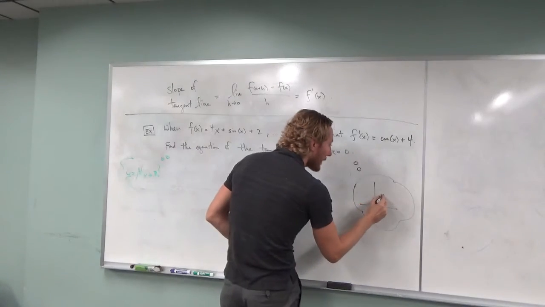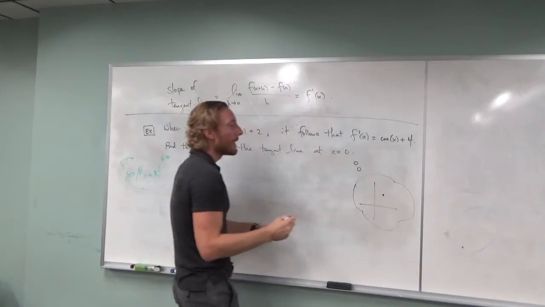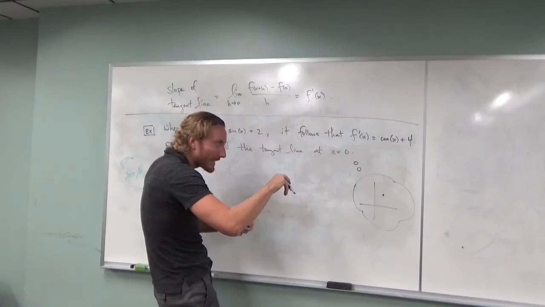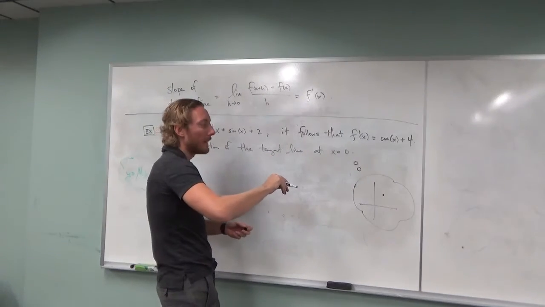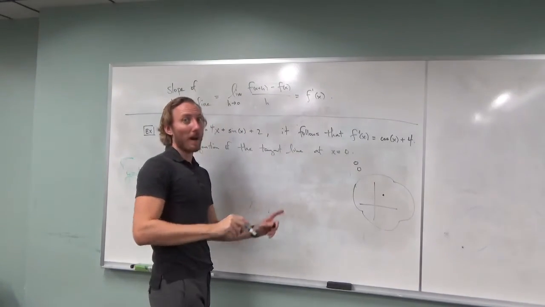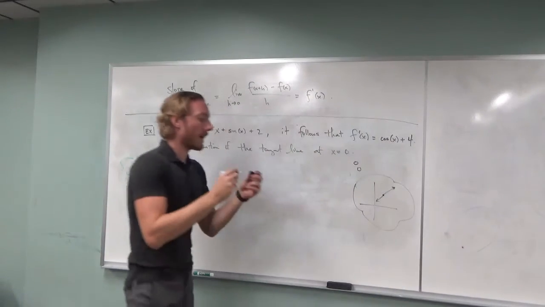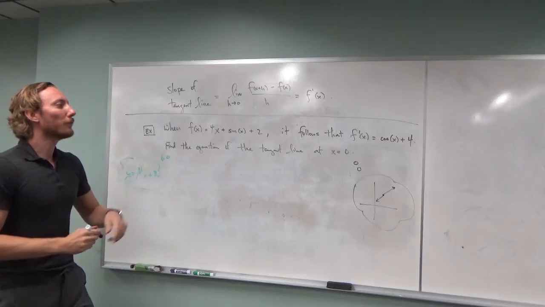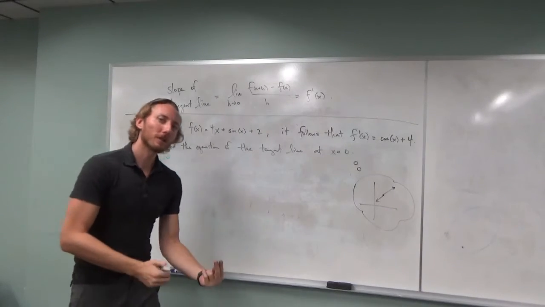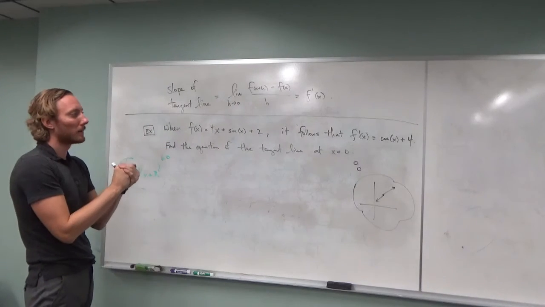Because if you think about every line through this point, each of the lines through that point has a different slope. If you knew the slope of the line through that point, you would know the line exactly. So if you know your point and you know your slope, you know your line.